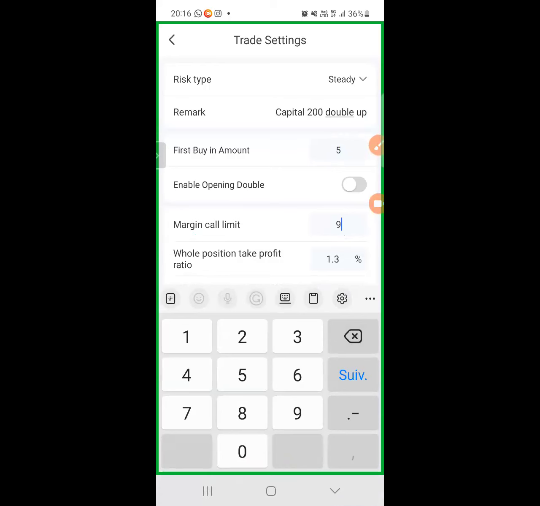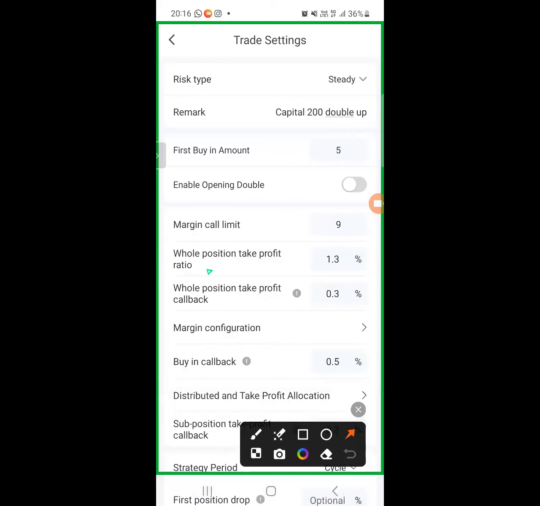Then the whole take profit ratio. It means, dear robot, any amount of money that you will put into the cryptocurrency of my choice, or the signal, by me choosing this strategy, any amount of money that you will take from this 200, or if it is the total 200, I want 1.3% profit.